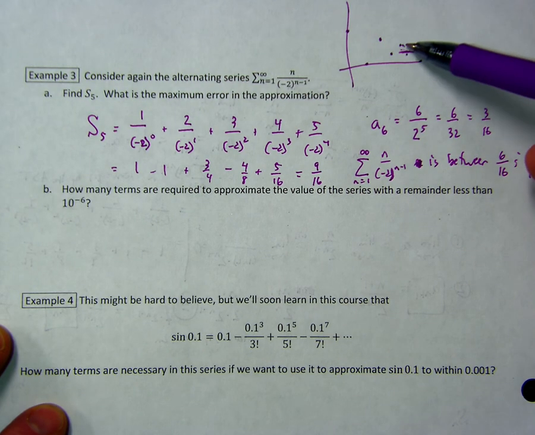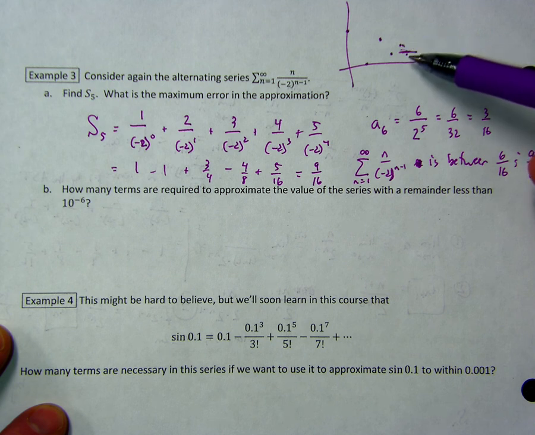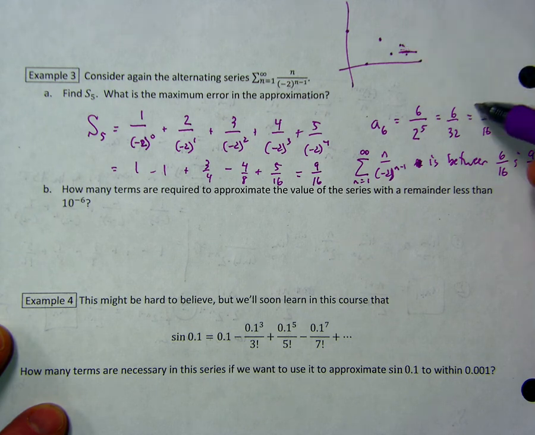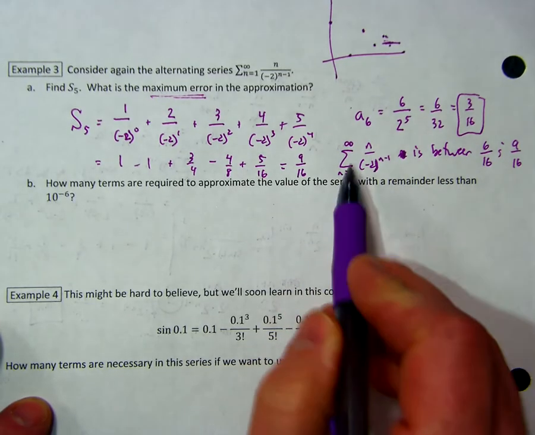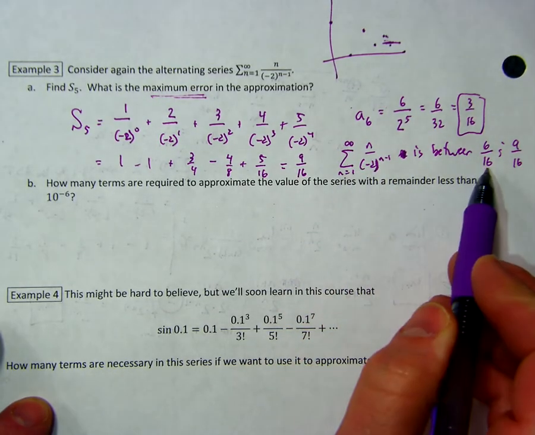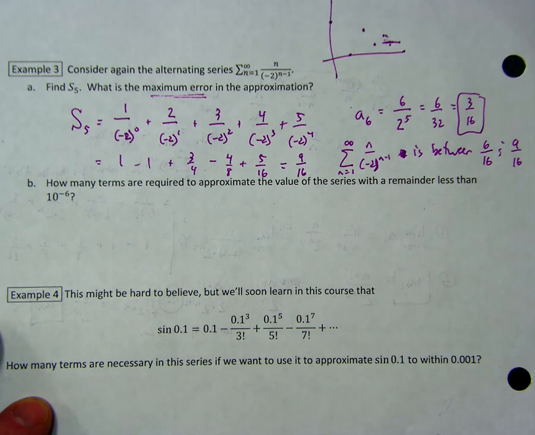Right, 9/16 is definitely too high because we stopped right there. We're going to subtract something. If we subtracted 3/16, we're going to be too low. But we know it's going to be between those. So the maximum error is really 3/16, but we know that this full sum was somewhere between 3/8 and 9/16.